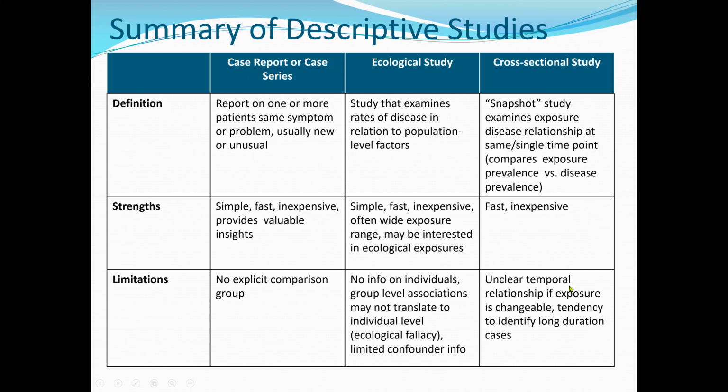But when it comes to the time period, the temporal relationship is unclear if the exposure is changeable. We may have exposures that can be changed, and we don't know what effect that will have on the outcome. So a cross-sectional study is not good for that. It's good for immutable characteristics, or exposures that don't change.